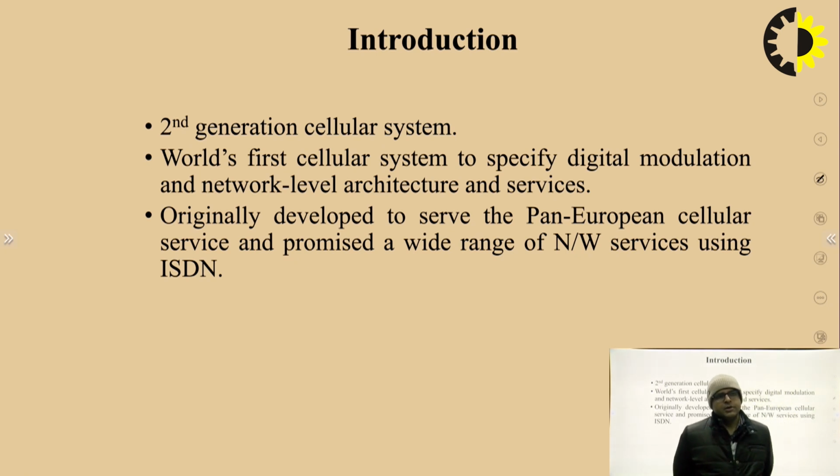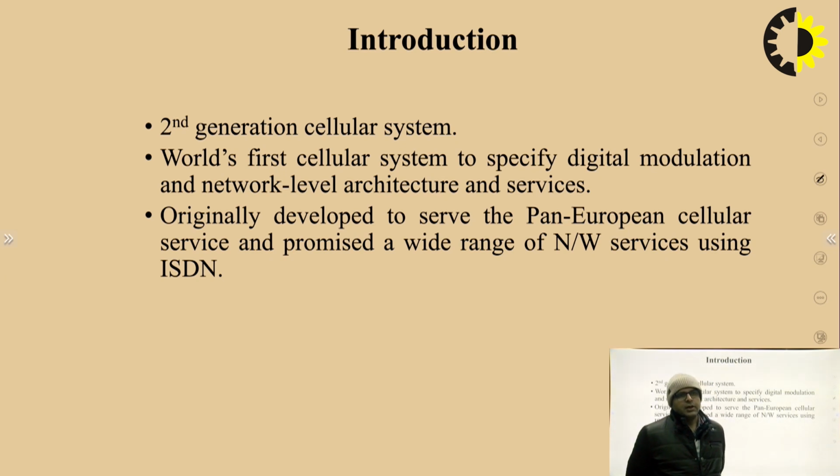GSM is basically a second generation cellular system and it was the first cellular system which uses digital modulation scheme, network architecture and services.